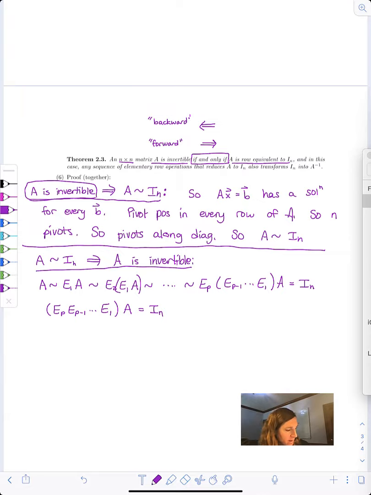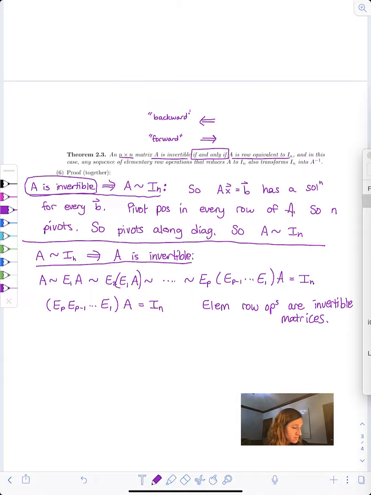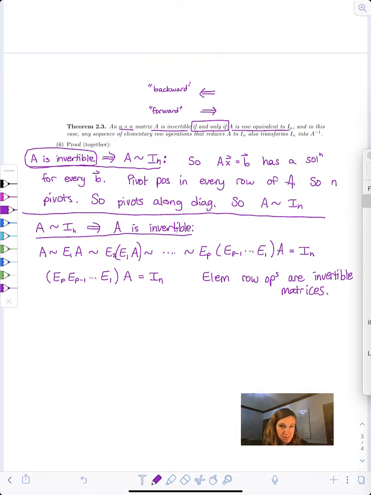But now elementary row operations are invertible matrices. You can go backwards. Every time you do an elementary row operation, you can always undo it with another row operation. So that's going to give you another matrix. So these are invertible matrices. And so what that means is we can start multiplying on each side by its inverse.